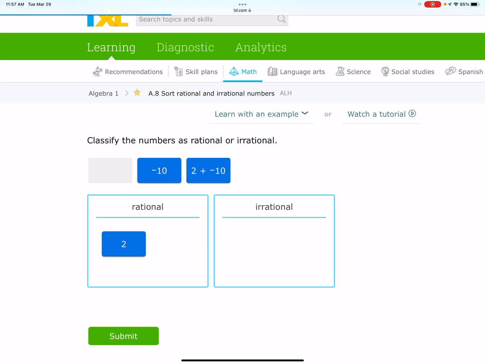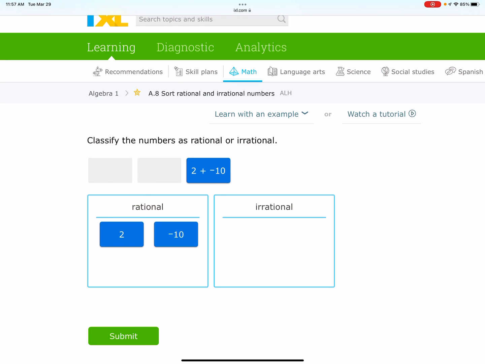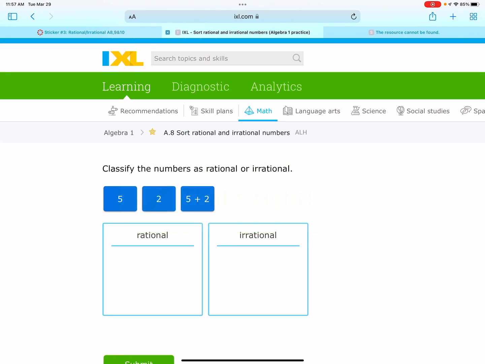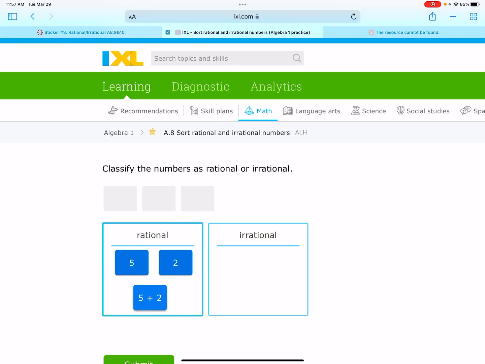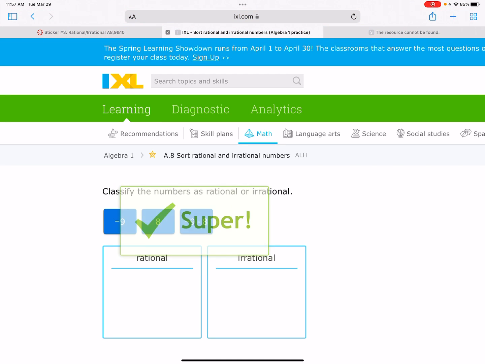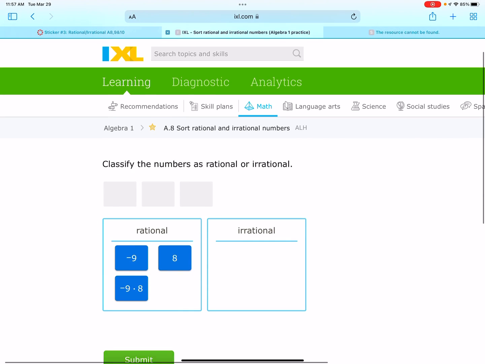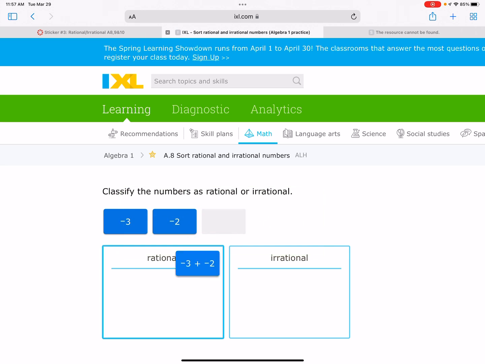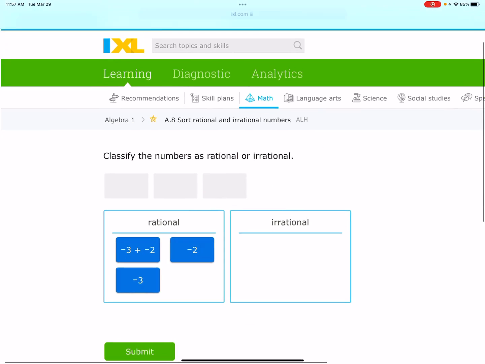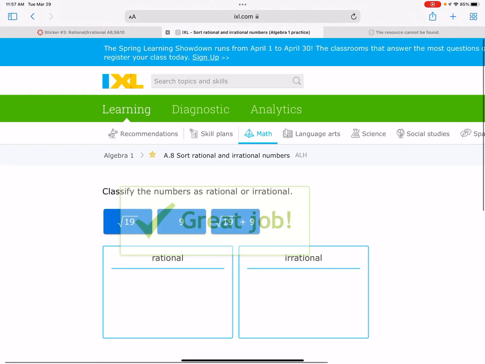Okay, so 2 is a regular old number, negative 10 is a regular number, and when I add 2 regular numbers, I still get a rational number. So these should all be rational. And when I multiply 2 rationals, I should still get rational. So notice this is not a hard assignment.